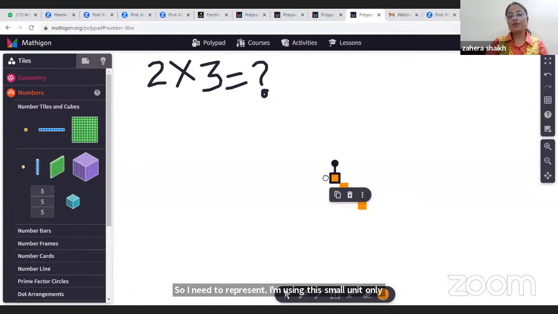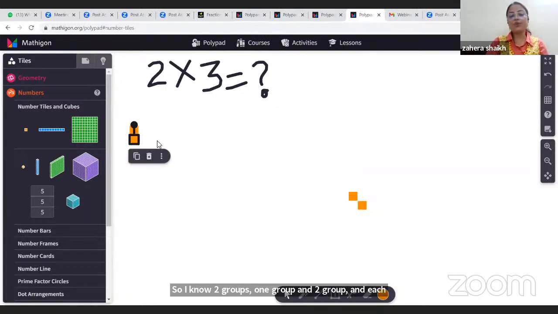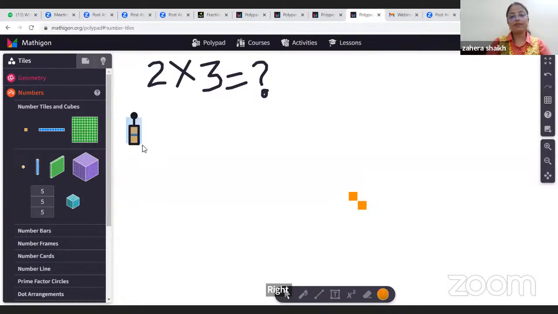So I know 2 groups, 1 group and 2 groups, and each group has 3 units, right? So let me group it. Each group has 3. So this is what I have made, a rectangle.